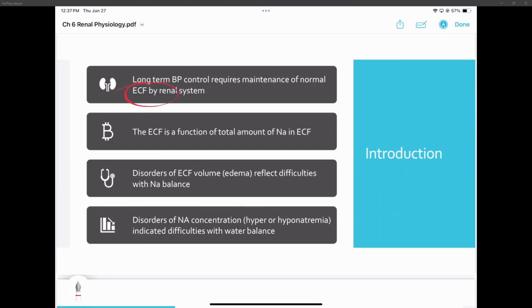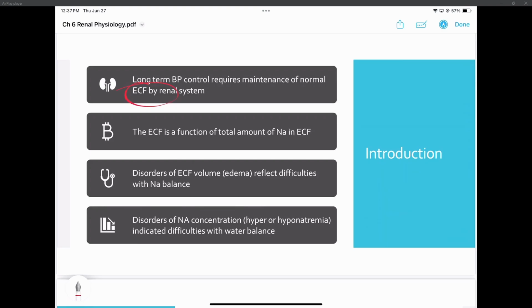If the kidneys start dumping out fluid like crazy, what happens to your blood volume? It drops because you're getting rid of fluid by peeing it out. If you lose volume of blood in the system, what happens to your pressure? It goes down as well. So kidneys are very important in regards to blood pressure monitoring as well.